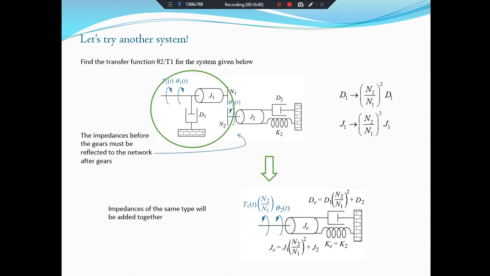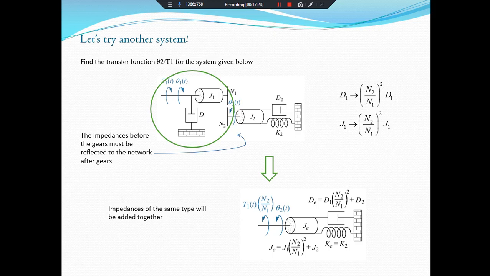Okay, before starting an example, you should know if we want to shift impedances. Actually, here you can see there are impedances attached with the input as well, and impedances at the output as well. So first we have to transfer impedances from the input side to the output side, then we will transfer torque from the input side to the output side, and then we will solve our system.